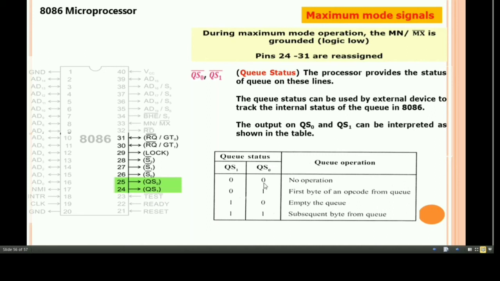When QS1 is 0 and QS0 is 1, at that time the first byte of an opcode is fetched from the Q. That means the opcode fetch from the Q. For 1 and 0, means QS1 is 1 and QS0 is 0, at that time the Q is empty or the Q is cleared. And when both the Q status signals are 1, at that time the subsequent byte from the Q is fetched.